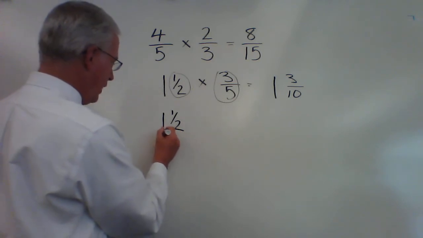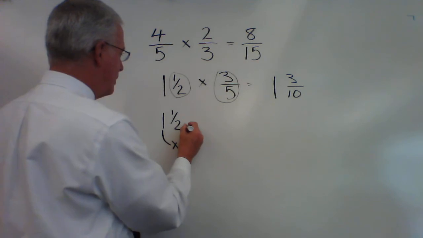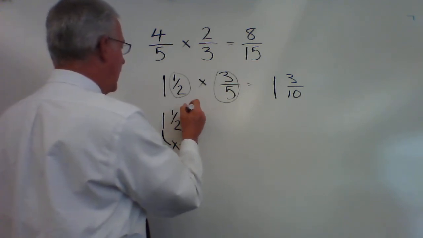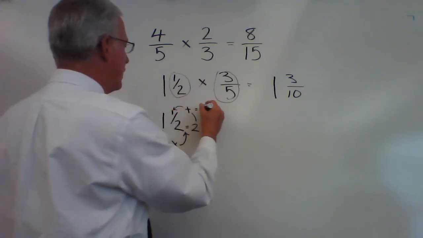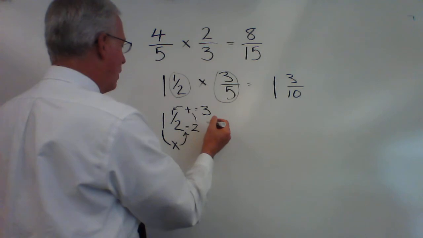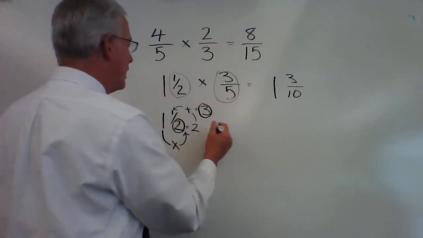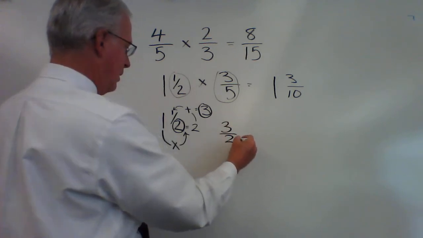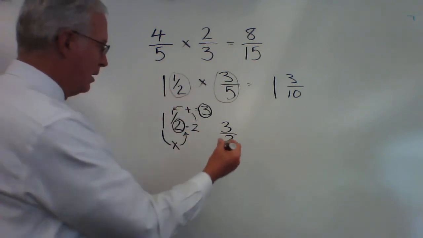So remember the trick, right? 1 times 2 equals 2 plus 1 equals 3. So 1 1/2 is 3/2. So 3/2, right? 1 1/2 and 3/2 are the same.